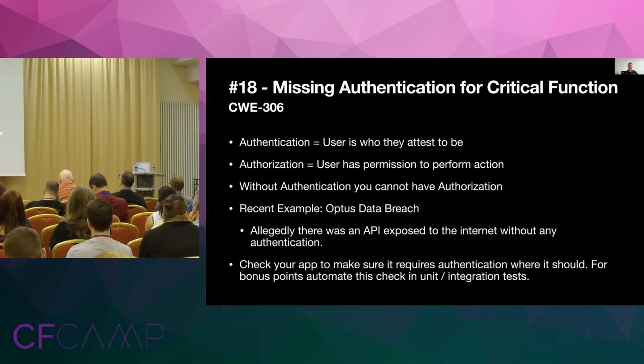A recent example, from a few months ago, is the Optus data breach in Australia. Optus is a mobile phone provider, and I think almost the entire population of Australia was included in this breach. All their information was available to this API without any sort of authentication.